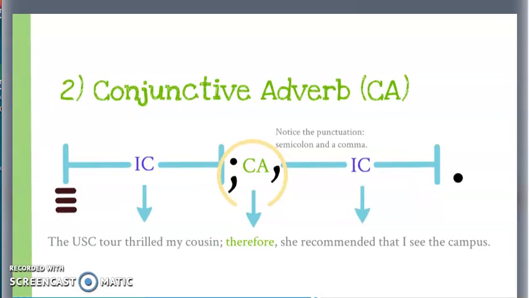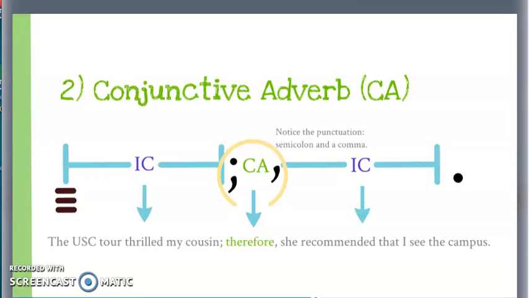The second way is through a conjunctive adverb. For example, the USC tour thrilled my cousin; therefore, she recommended that I see the campus.